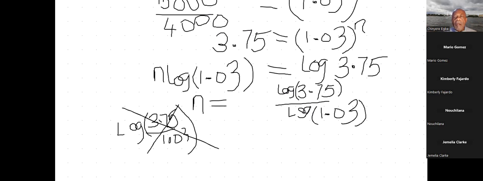So what is the log of 3.75? It is 0.5740.